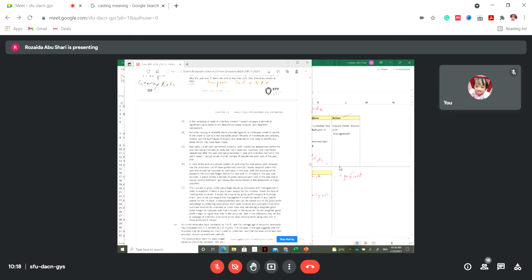Is the recording cost of inventory correct? How has the inventory been recorded? You need to perform the test.